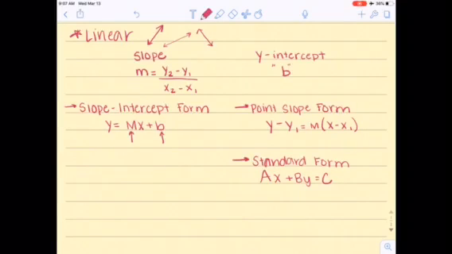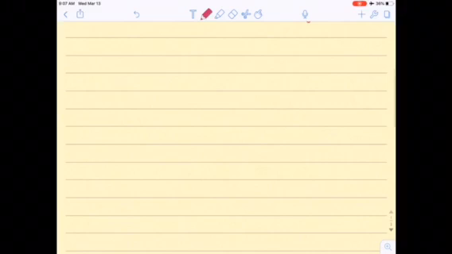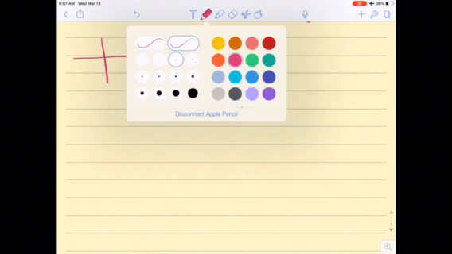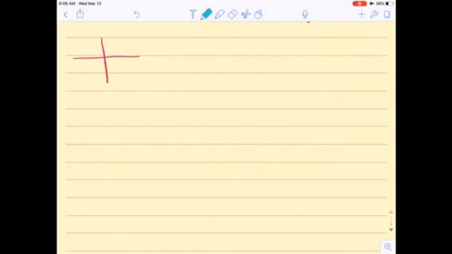With that being said, let's look at some pictures and think about some context. Let's say I have a graph like this. I'm going to hold that thought for one second, and bring up something else. I just want to re-emphasize that there are two special points. We've already talked about the y-intercept, because it is the point that is on the y-axis.